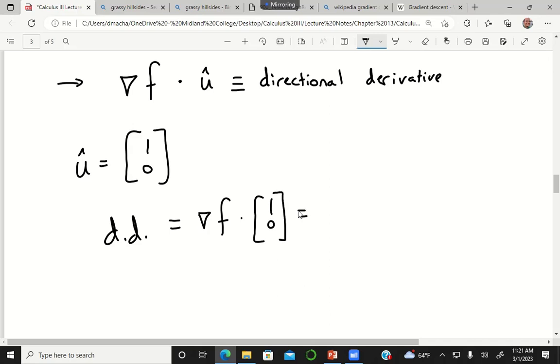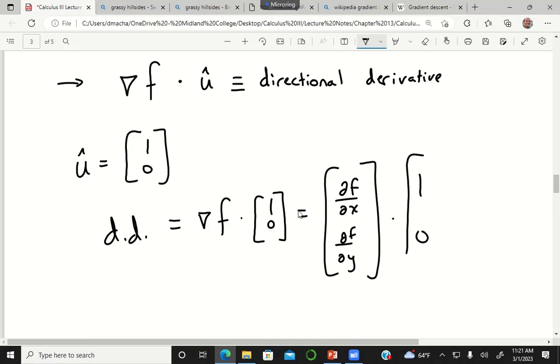And so the gradient of f, of course, would be the partial derivative of f with respect to x and the partial derivative of f with respect to y, dotted with 1, 0. And that would be the partial of f with respect to x. And that makes sense because the direction 1, 0 tells you that you are facing exactly in the positive x direction.